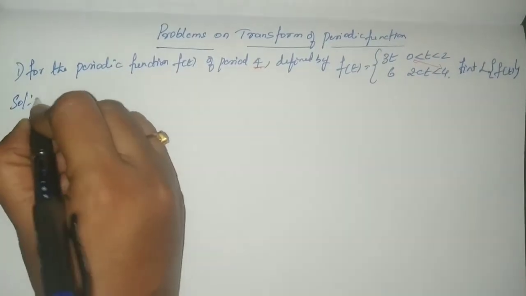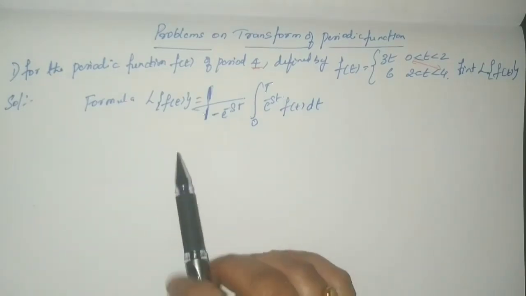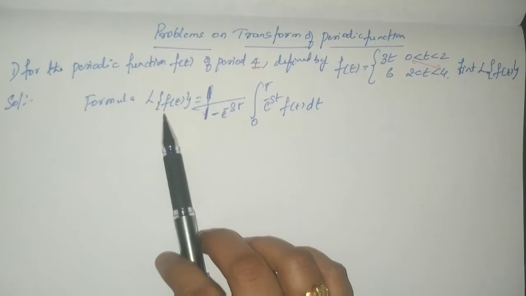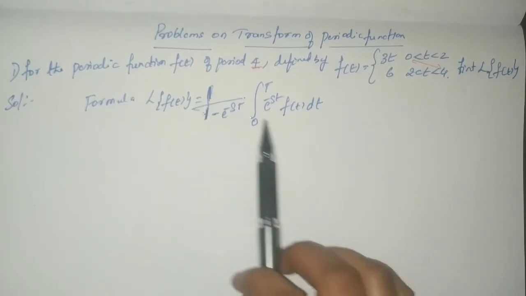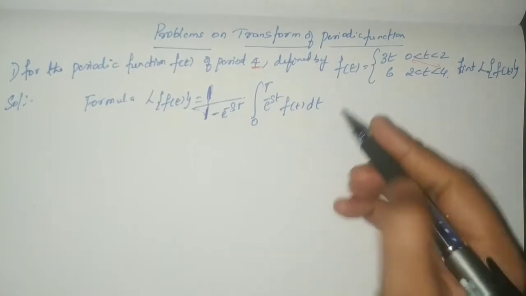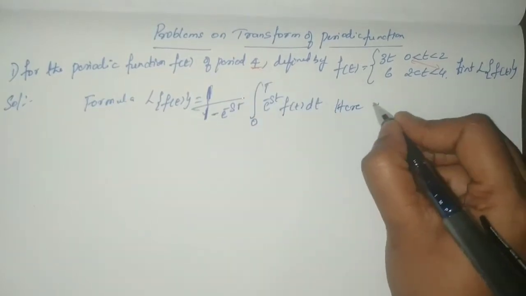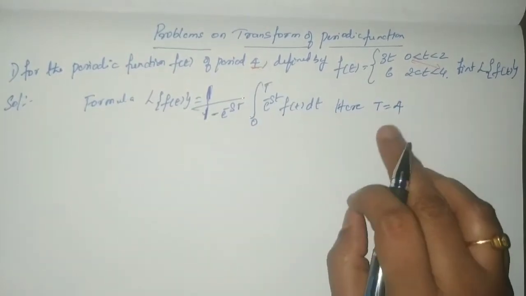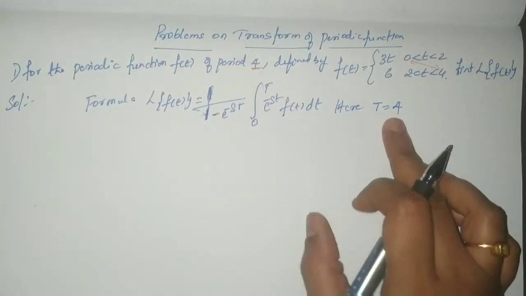So first write the formula. The formula is Laplace transform of f of t is equal to 1 by 1 minus e power minus sT, integral 0 to T e power minus st f of t dt. Here they have clearly mentioned it is a period of 4, so T is equal to 4. Wherever T appears in the formula, you have to replace it by 4.